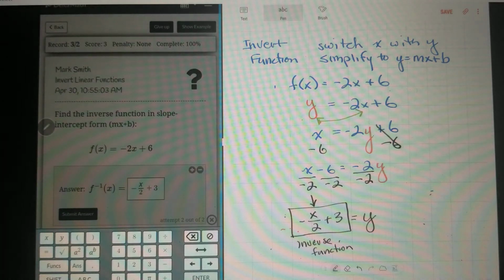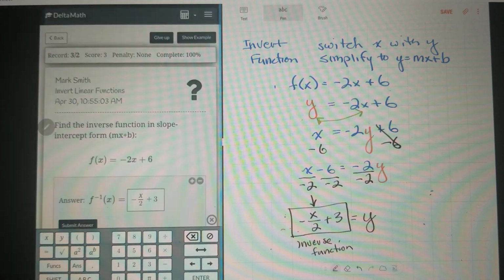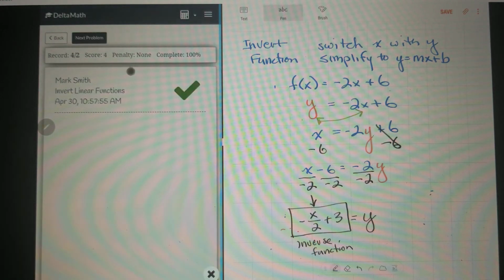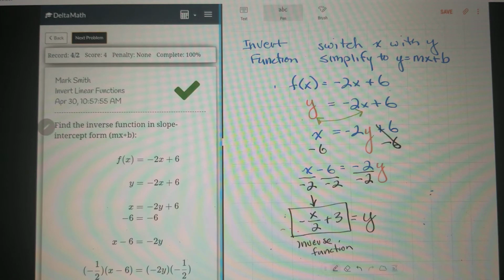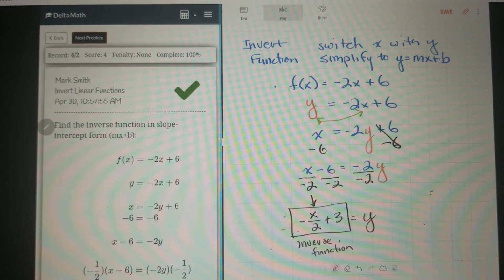Is that what we want? Yes, and we get the green check. So switch places, and you're done. That took about 3 minutes, so I think I'll probably do one more.